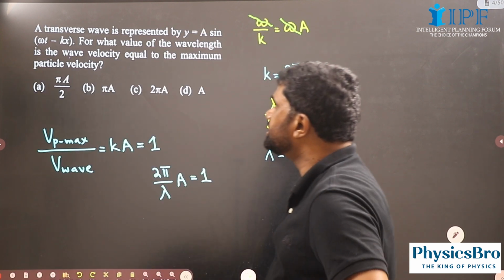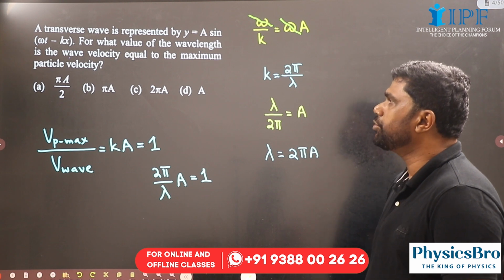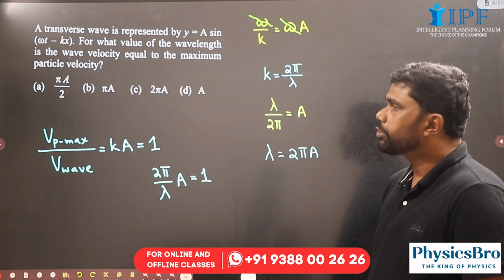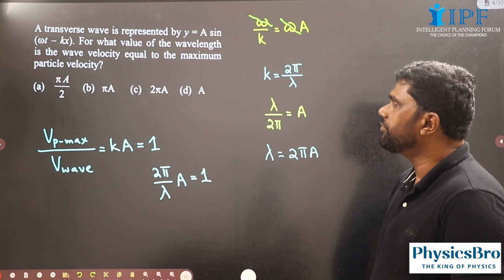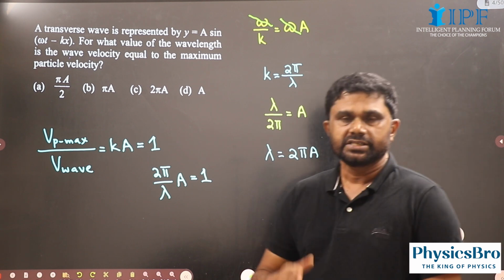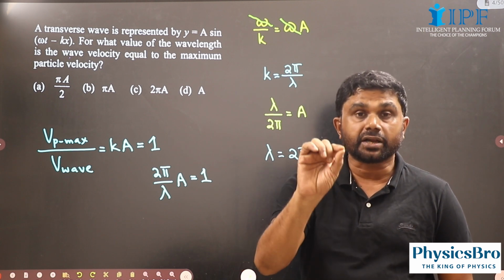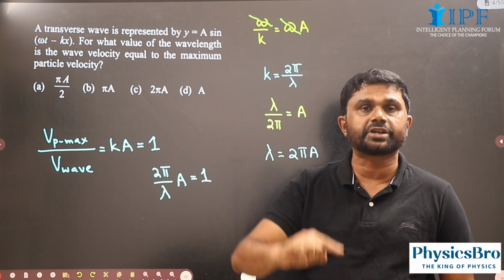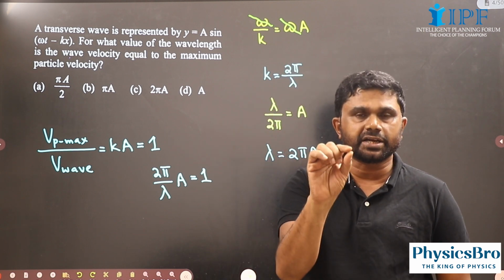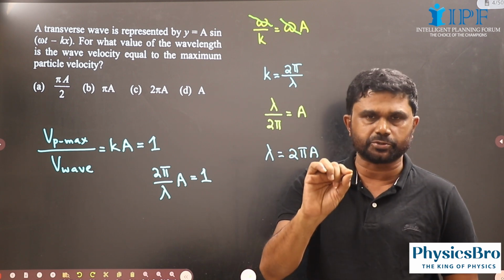Now let's see, a transverse wave is represented by y equals A sin(omega t minus kx). For what value of the wavelength is the wave velocity equal to the maximum particle velocity? Whenever a wave is propagating through a medium, the particles of the medium will be executing SHM. In simple harmonic motion, the velocity is maximum at the mean position.